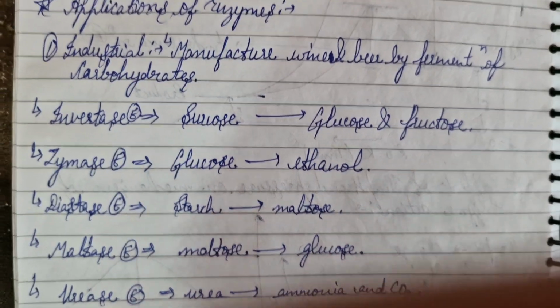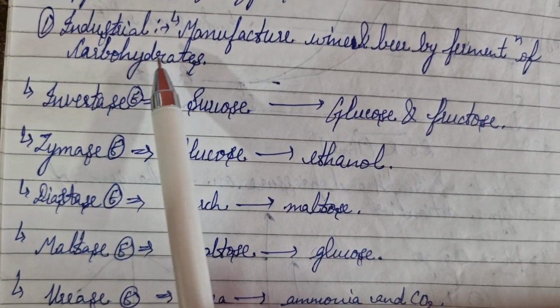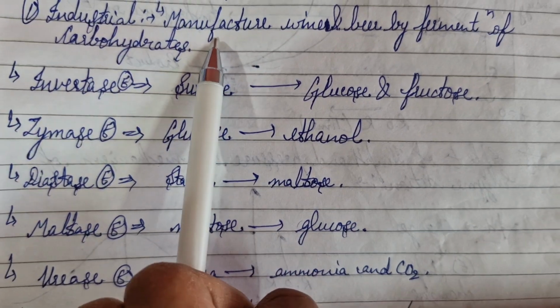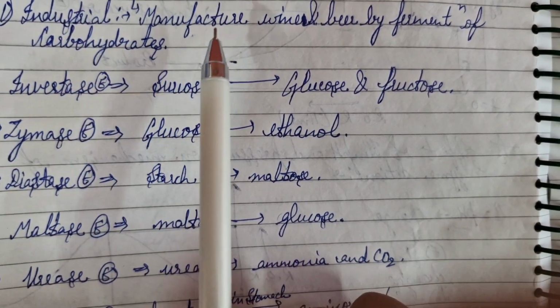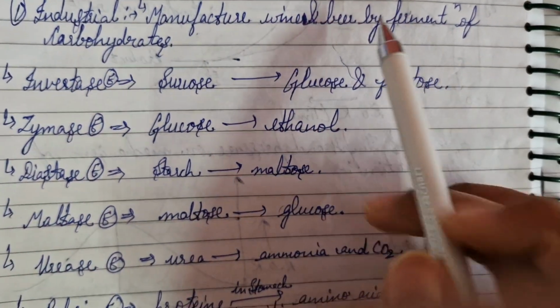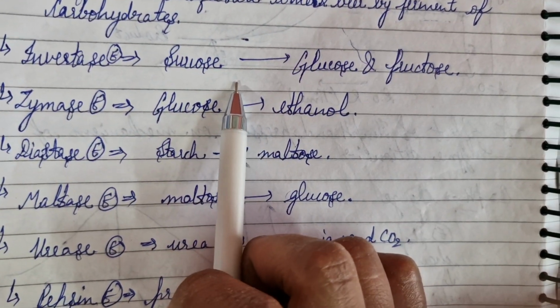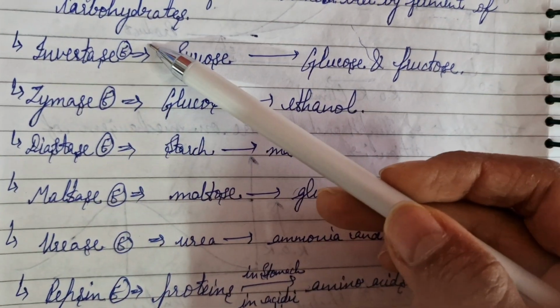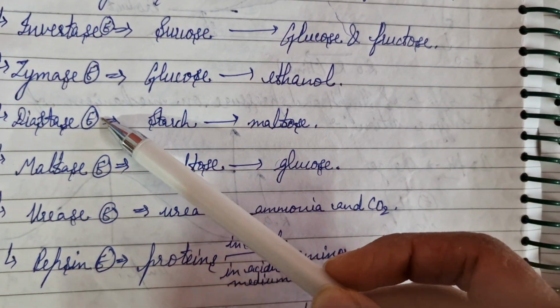Now we will study the applications of enzymes. Enzymes are of great importance in industries for the manufacture of wines and beer by fermentation of carbohydrates. Different enzymes are used for different purposes.